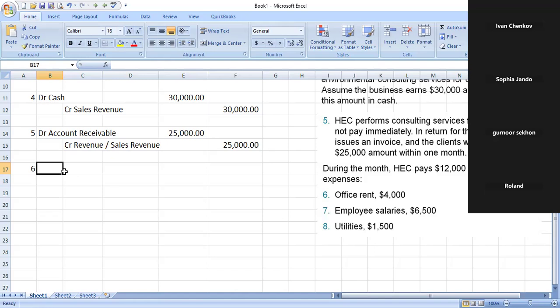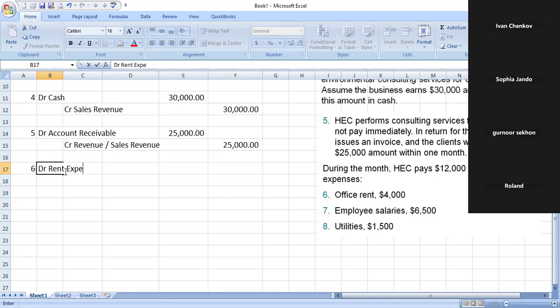We paid office rent. What will that be for us? Expense. Yes. What kind of expense? Be specific now. Debit rent expense, correct? Because we're paying rent, you can go with office rent or with rent expense, either one.